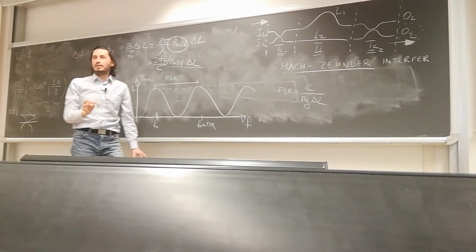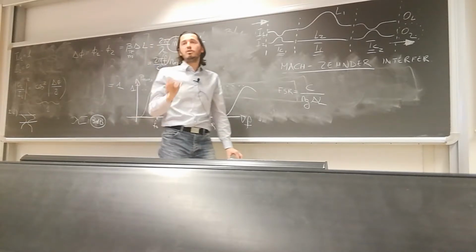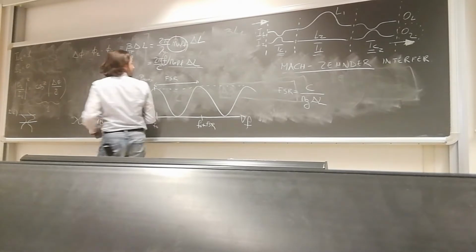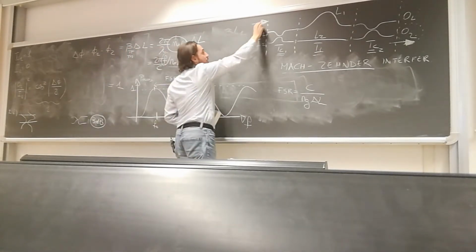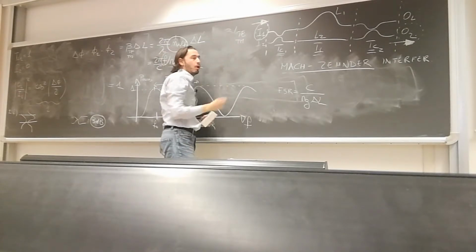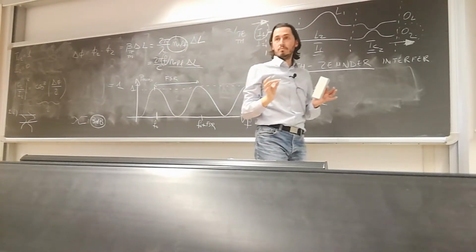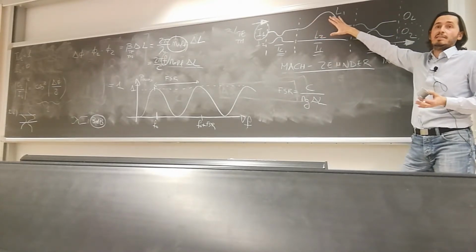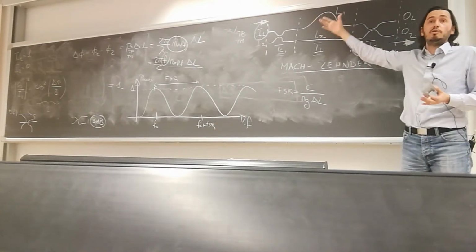polarization independent. Polarization independent means that if you change the polarization of the light here, so if here you have TE or TM or a combination of the two, you would like this guy to make exactly the same thing, to be polarization independent.